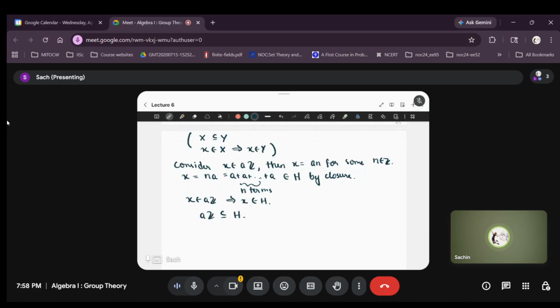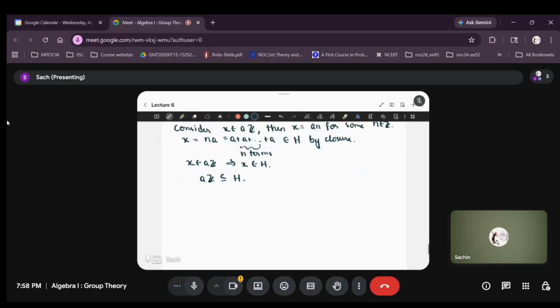Now we have to show the other direction, which is a bit harder. To show the other direction, we have to assume that, suppose B belongs to H, we have to show that B belongs to AZ.